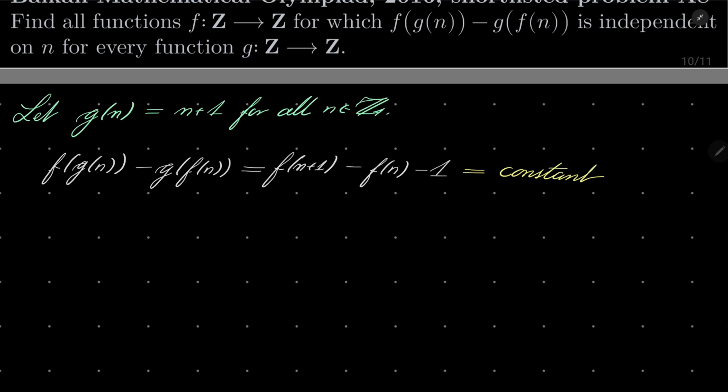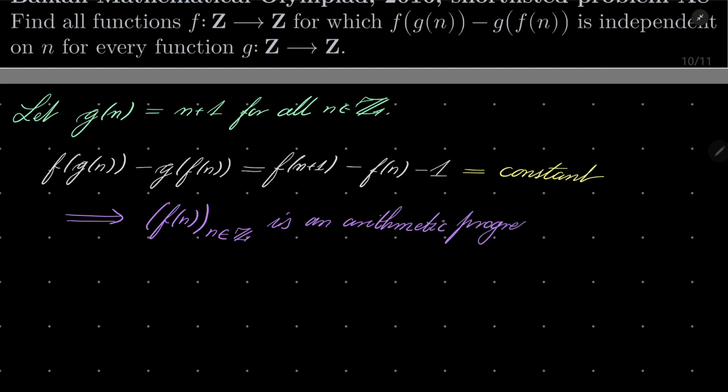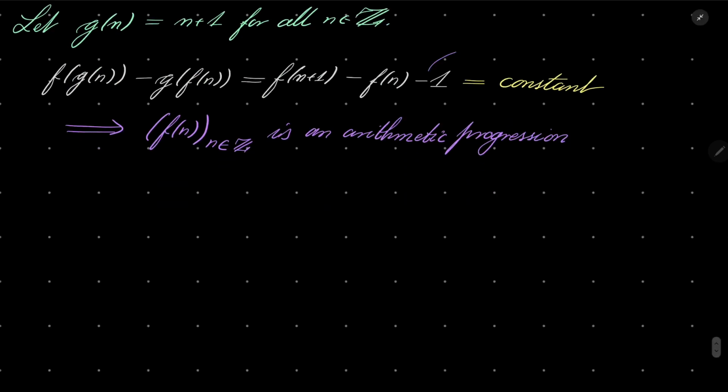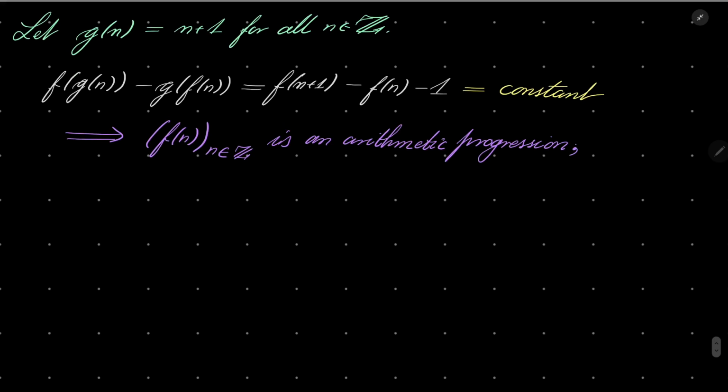So it's a constant, which means that our sequence f of n is an arithmetic progression. How do I know that? Because the difference of two consecutive terms is a constant. We can put 1 on the other side, we still have some constant.